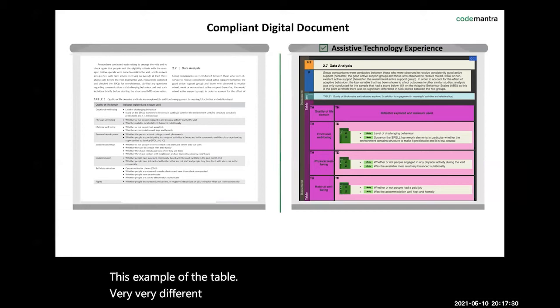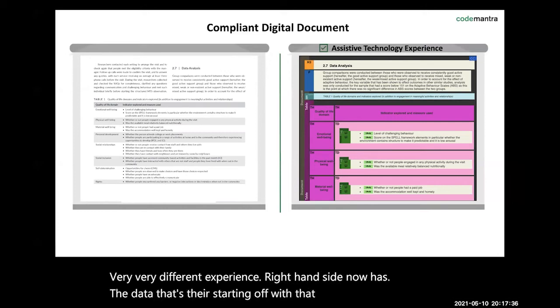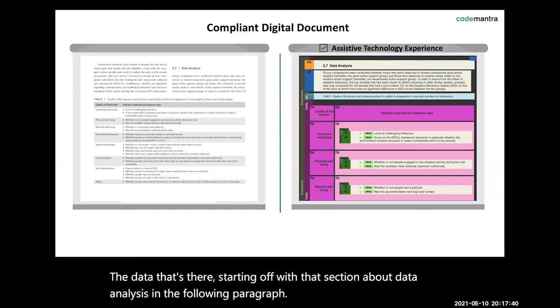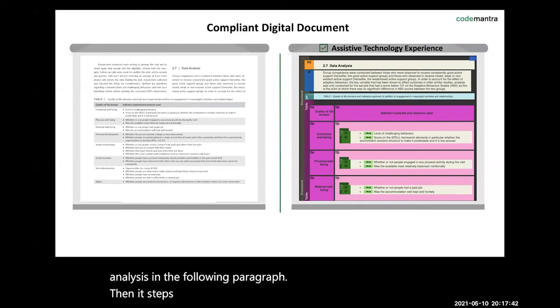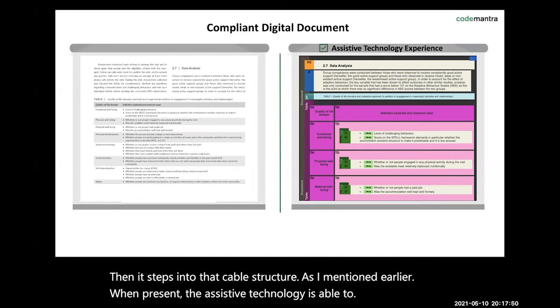The right-hand side now has the data that's there, starting off with that section about data analysis in the following paragraph. Then it steps into that table structure. And as I mentioned earlier, when present, the assistive technology is able to provide that information to the users.